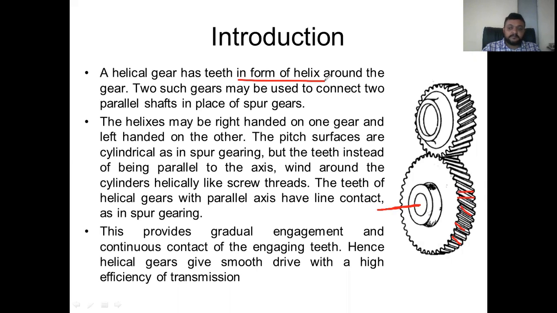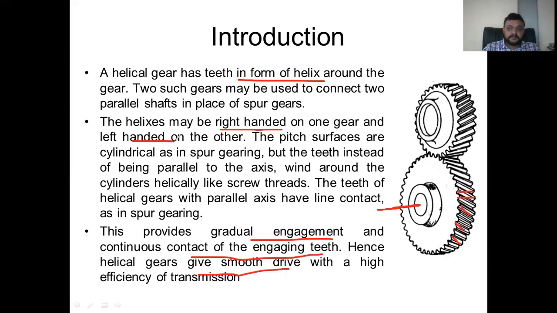The main advantage of this type of arrangement is that it provides gradual engagement and continuous contact of the engaging teeth. So helical gears give a smooth drive, and efficiency is considerably improved compared to the spur gear. The helix may be right-handed on one gear and left-handed on the other.